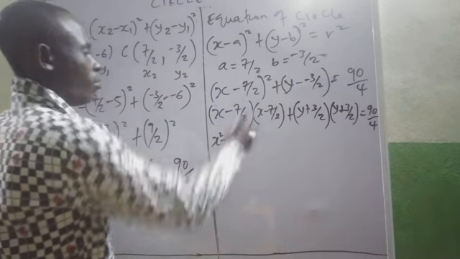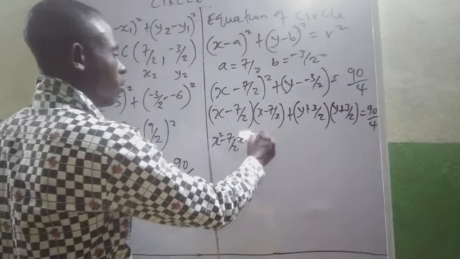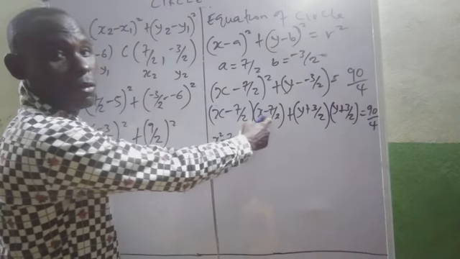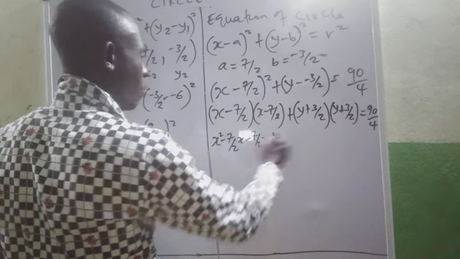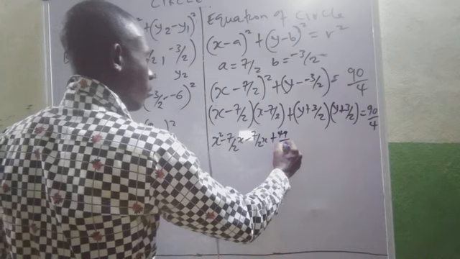If you use minus 7 over 2x to multiply this, it will also give you minus 7 over 2x. Minus times minus is plus, so you have plus 49 over 4.